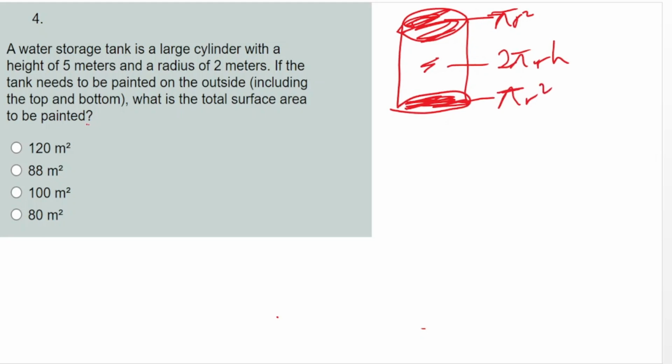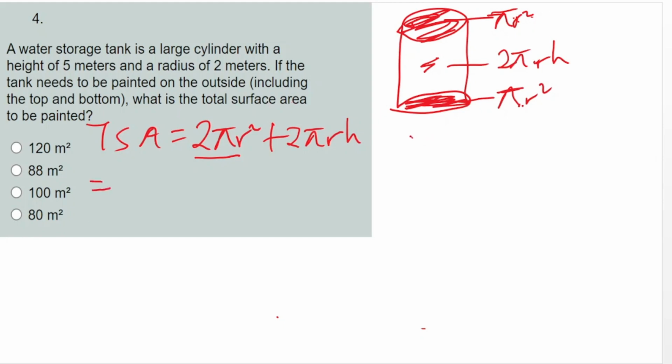Which means the total surface area in this case will be pi r squared plus pi r squared, which gives us 2 pi r squared plus 2 pi rh. If you look at the options here, you can see all the options are not in pi, right? So in that case, we're going to substitute the value of pi into the formula.